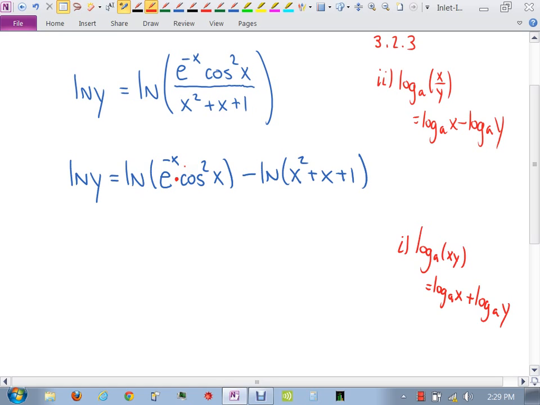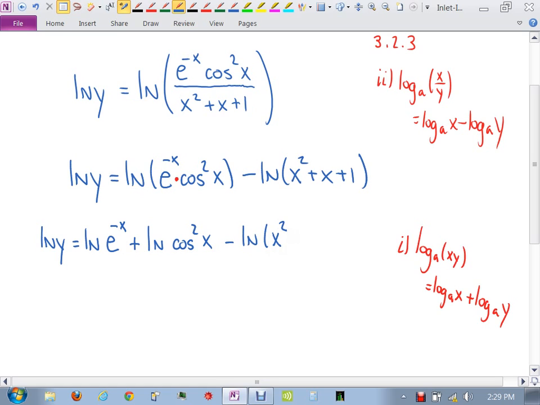So can't I split that into two logs? Right? Natural log y equals natural log e to the negative x plus natural log cosine squared x minus natural log.